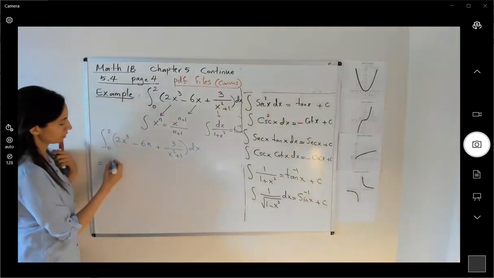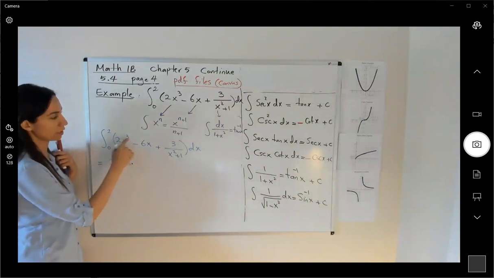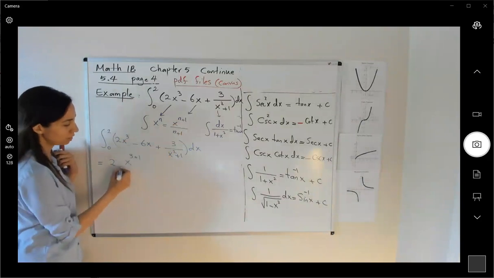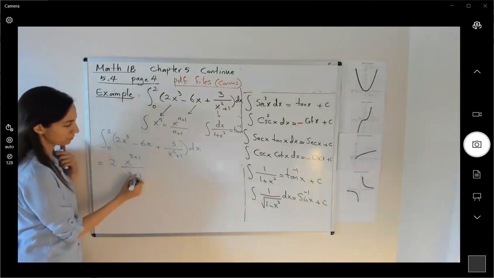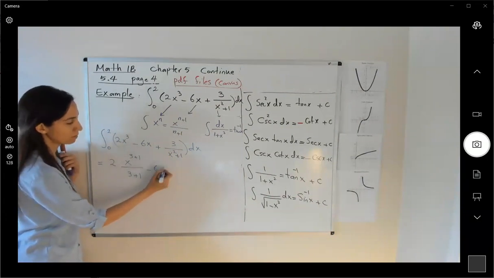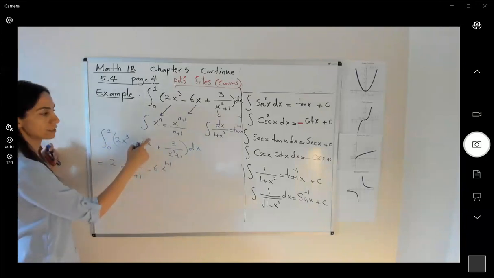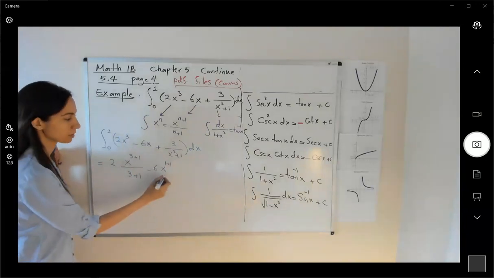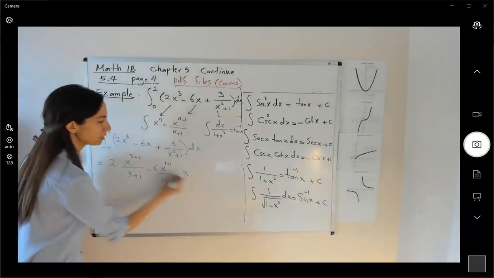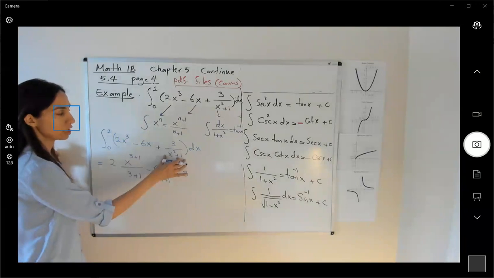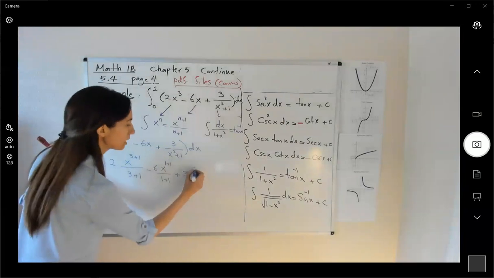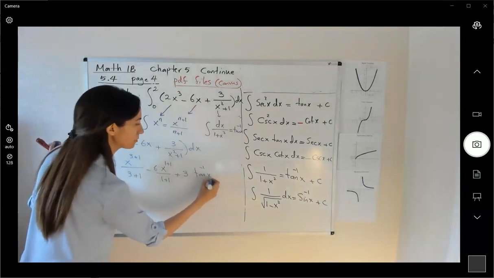So the first one is 2. The exponent is 3, so we add 1 to 3: x to 3 plus 1, divided by 3 plus 1, minus 6 times x to 1 plus 1, the invisible exponent is 1, so 1 plus 1, divided by 1 plus 1, plus 3 times the integral of 1 over x squared plus 1, which is inverse tangent of x.